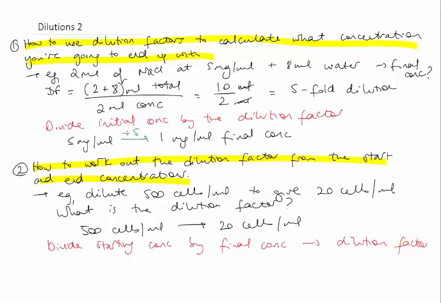So in this case we've got 500 cells per mil divided by 20 cells per mil, so these are both in the same unit, same volume, so that's easy. That gives us 25, which is 500 divided by 20, a 25-fold dilution. And I'm going to write that on top of my arrow here, so divided by 25. So here are two different things we can do with dilution factors.